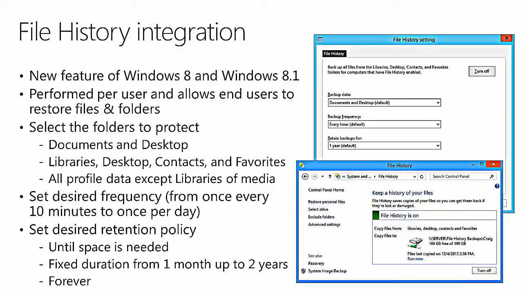So you can use these together, again, in multiple layers of data protection in the environment. Another thing that is new in the 2012 R2 version is that file history integration is now performed on a per user basis as opposed to a per PC basis.